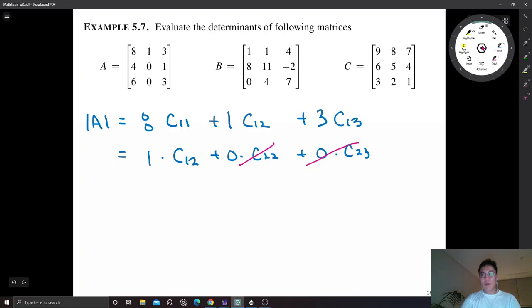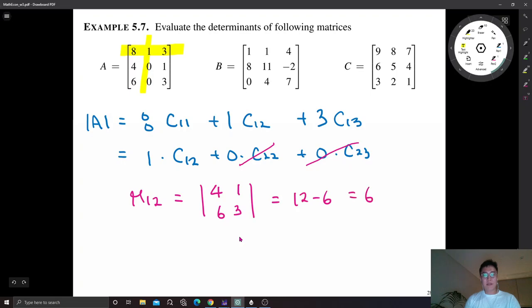For C sub 1, 2, we eliminate the first row and the second column. We start with the minor M sub 1, 2, which is the determinant of 4, 1 and 6, 3, which is 12 minus 6, that is 6.